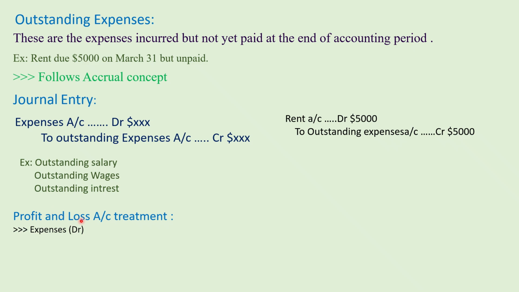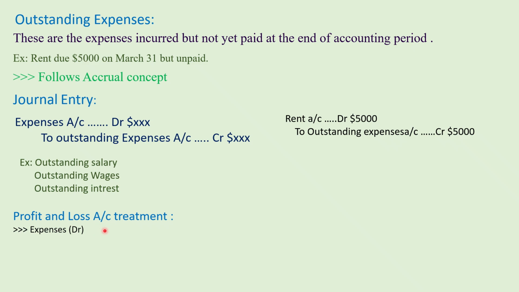And let us see the profit and loss account treatment. As I said, an outstanding expense is a due. That means it's like a normal expense, but it is a due amount. That's why it will be shown on the debit side of the profit and loss account.